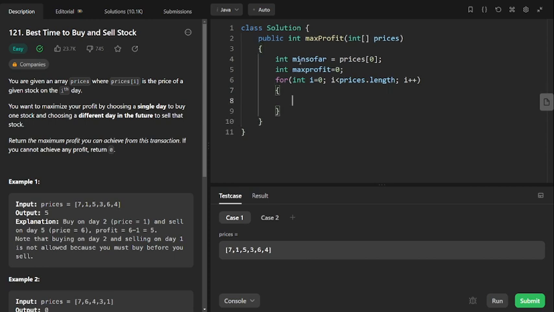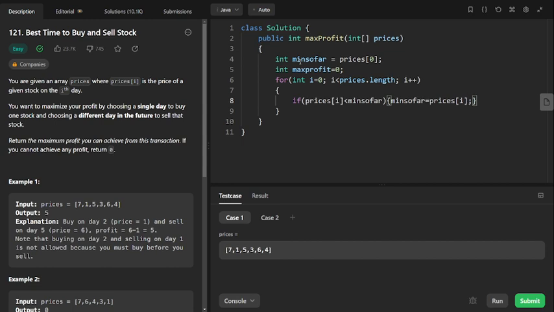And then what? If prices of I is less than min so far, then min so far is equal to prices of I.